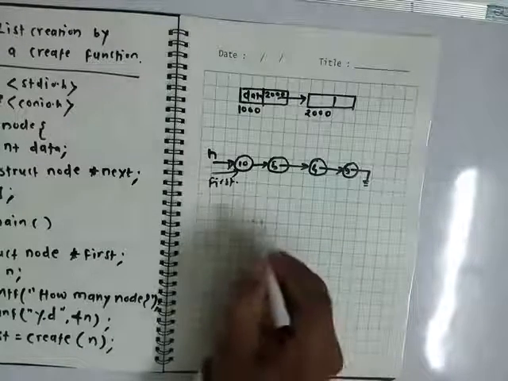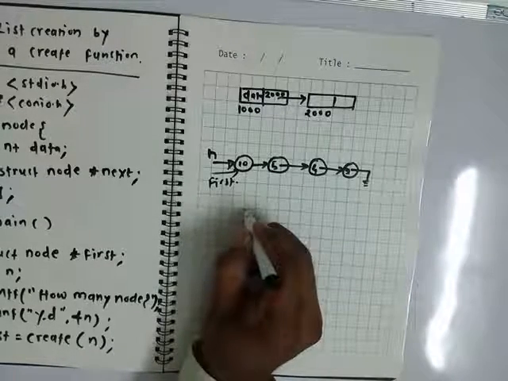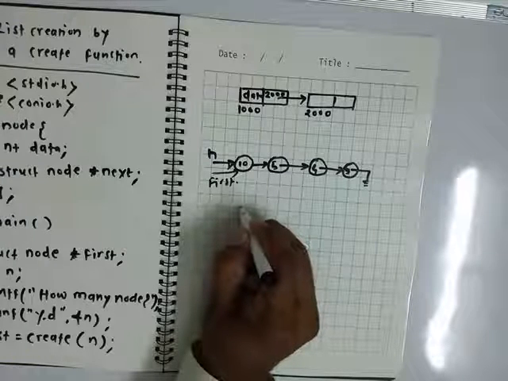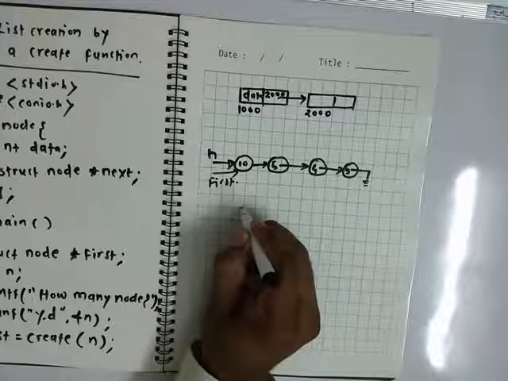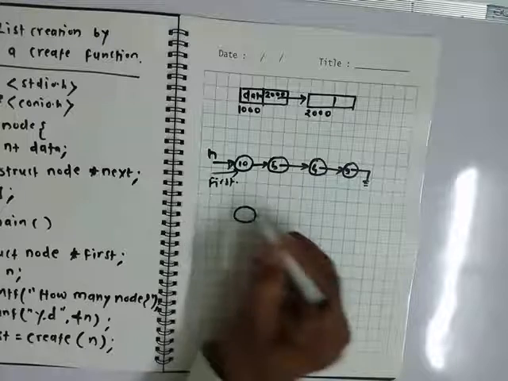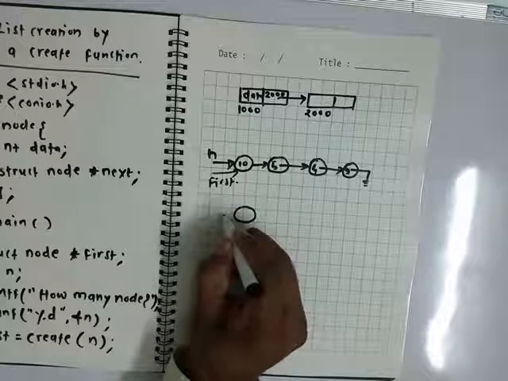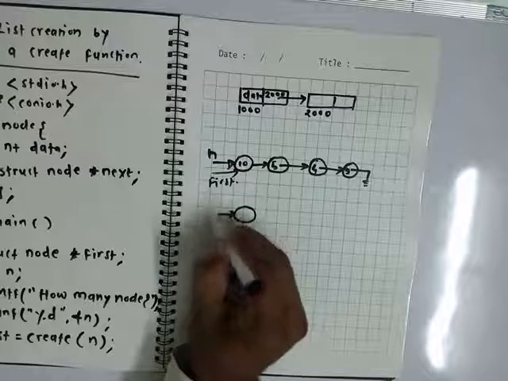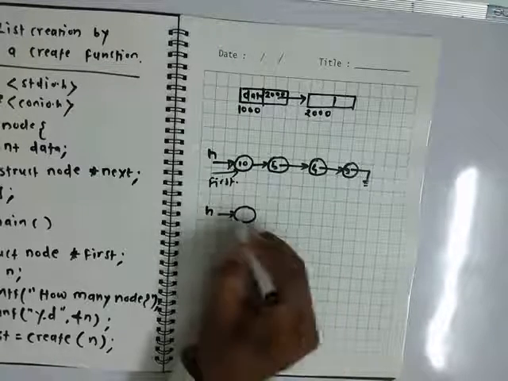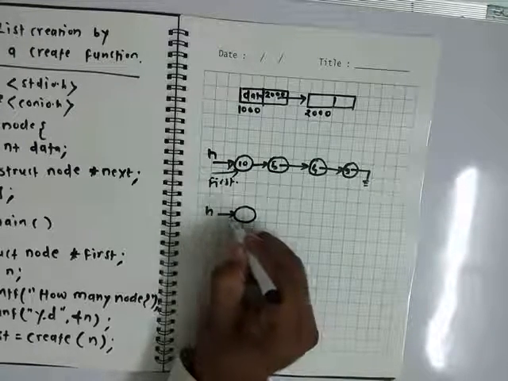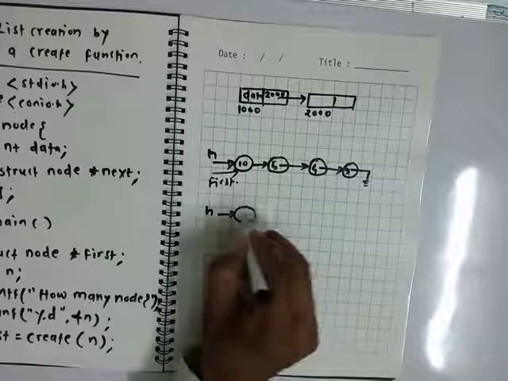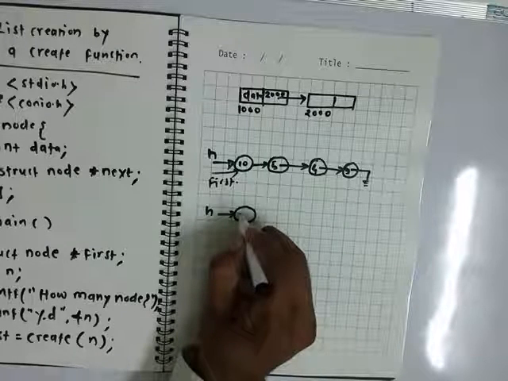So how am I going to do that in create? In create I'm going to take a pointer h, right, and I'll create the first node by using malloc, or by demanding memory dynamically. That first node I'll point to by a pointer h, which I'll declare in create, and read the data in the first node.